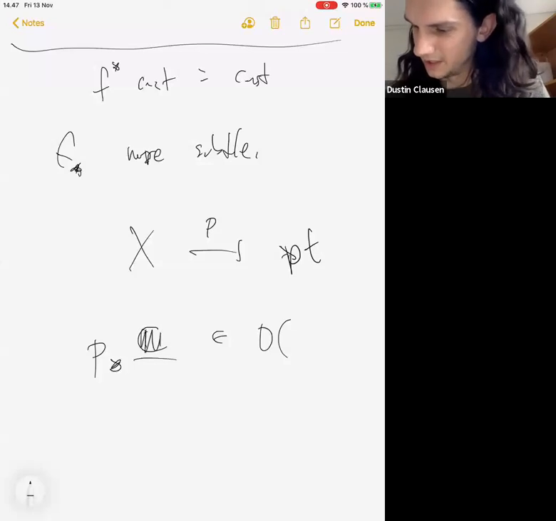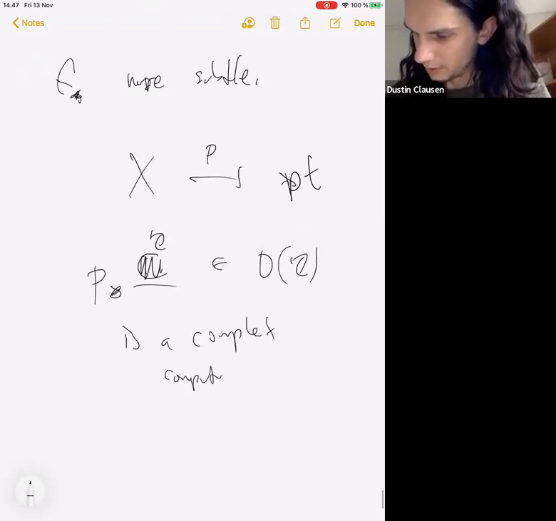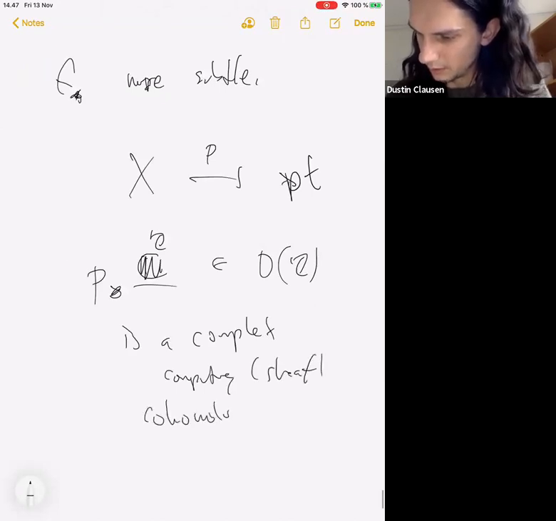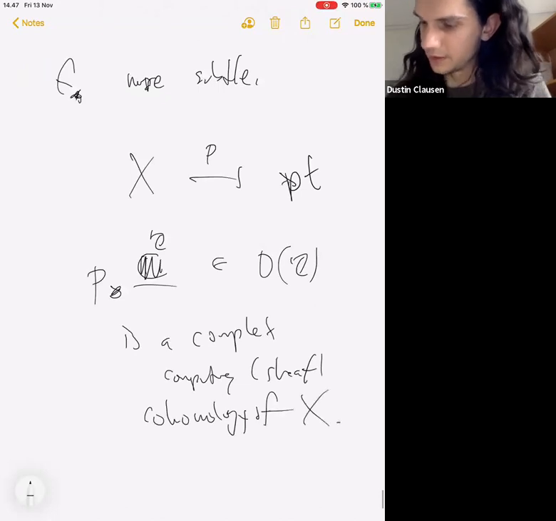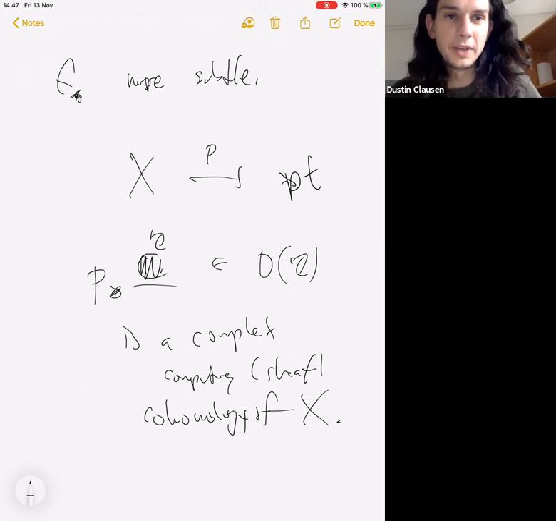Maybe I should be taking Z. Yeah, there's no reason to take complex numbers yet. And this is a complex computing the sheaf cohomology of X. So in the case where you're mapping to a point, the P lower star is a cohomology.